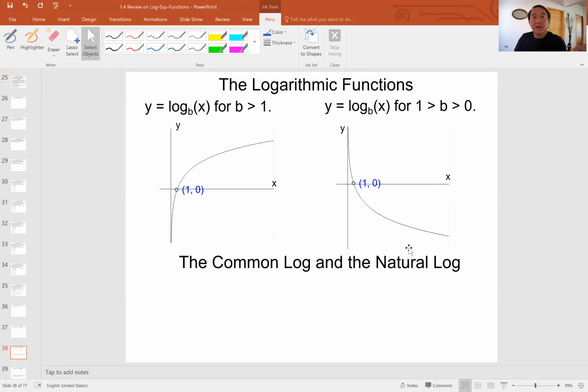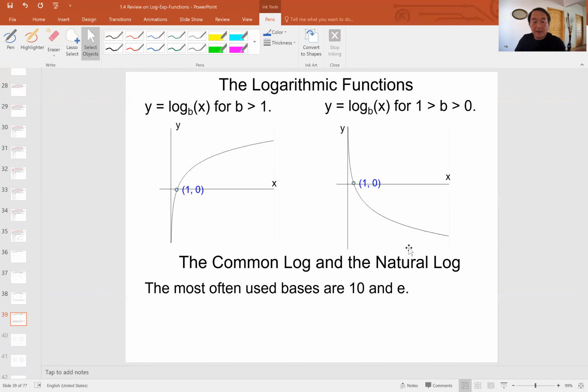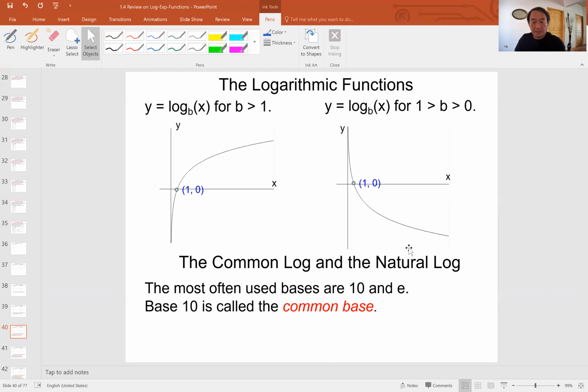One is base 10, the log button, and the other is the ln, which is base e. Base 10 is called the common log, and because metric units are base 10, that's why in science we use the common log.